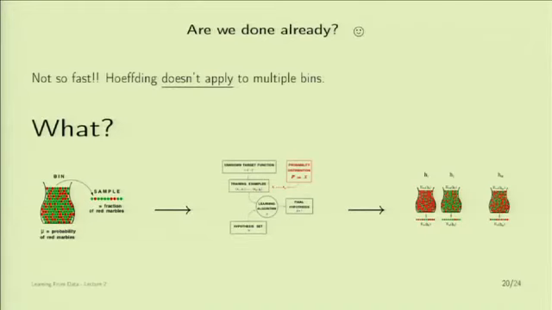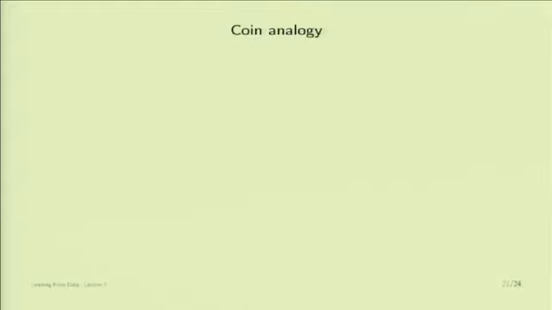Let me start by saying why it doesn't apply, and then we can go for what we can do about it. Now, everybody has a coin. I hope the online audience has a coin ready. I'd like to ask you to take the coin out and flip it, let's say, 5 times, and record what happens.